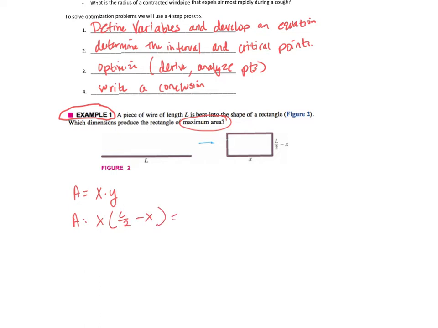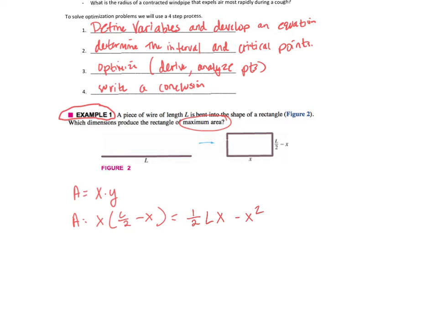We always want to simplify the equation that we're going to derive before actually deriving it. So here I can avoid my product rule. 1/2 Lx minus x squared. Now, remember that L is a constant, so it looks as if we have 2 variables here, but L is just some constant, and that's what we're trying to kind of figure out.